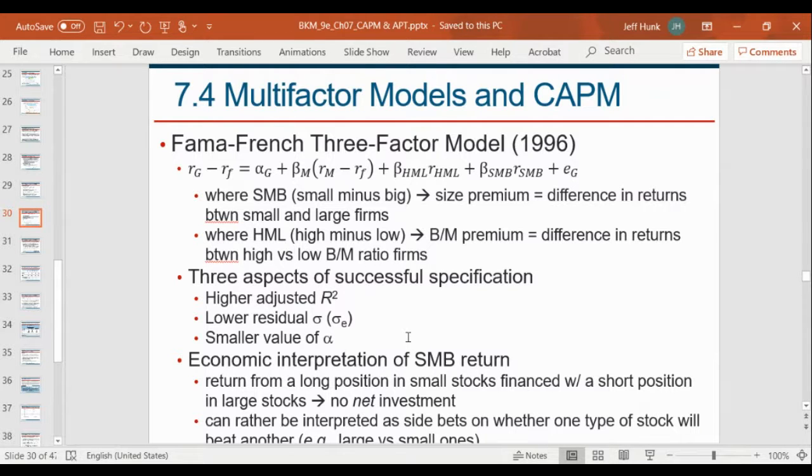Total sum of squares, basically the variance, minus explained sum of squares, the systematic part of the variance, gives the unexplained sum of squares, or residual, or error sum of squares.